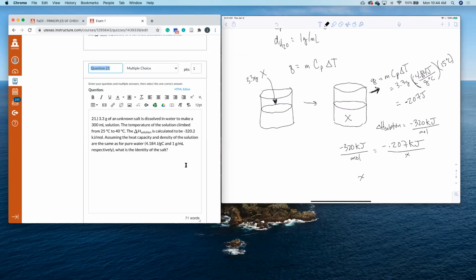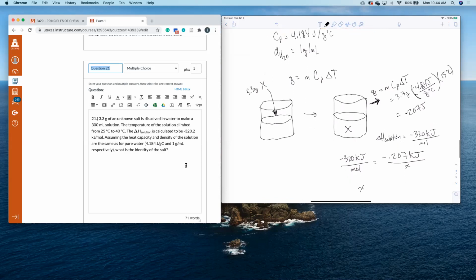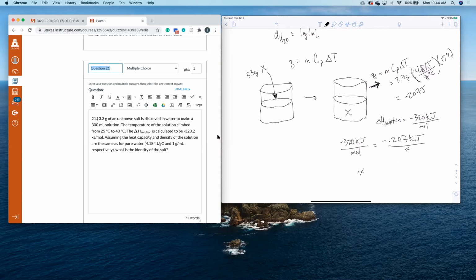So we can solve for that. What did I do wrong? Oh no, that's the number of moles. Okay, we're good. That's a negative number. Oh, because I put in a negative number. Now I'm still good.